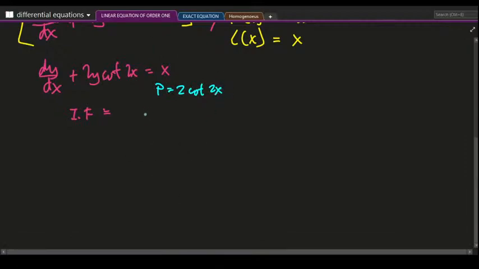Now the integrating factor is e raised to the integral of p dx. So we have e raised to the integral of 2 cotangent 2x dx.